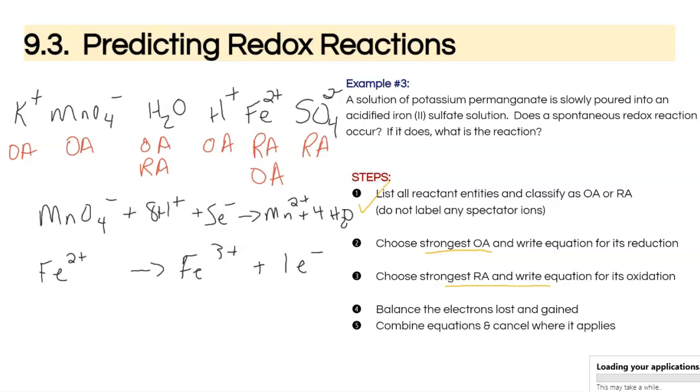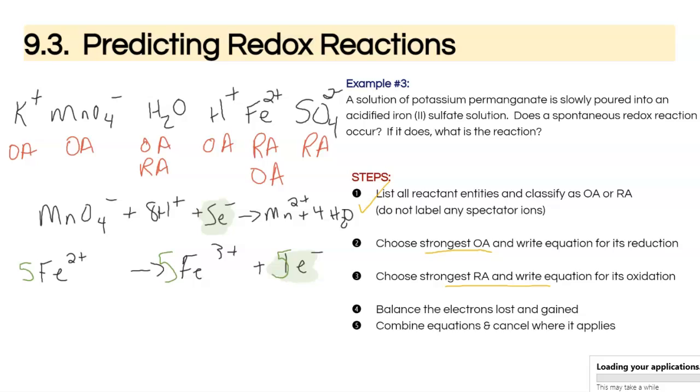Again, I want you to notice that my electrons are on opposite sides of that reaction. I've got 5 electrons here, and I've got 1 electron here for each of my half reactions. So I can see very clearly that my electrons are not balanced, and we've learned how to navigate that, so I'm going to simply multiply my oxidation half by 5 to get those electrons balanced.